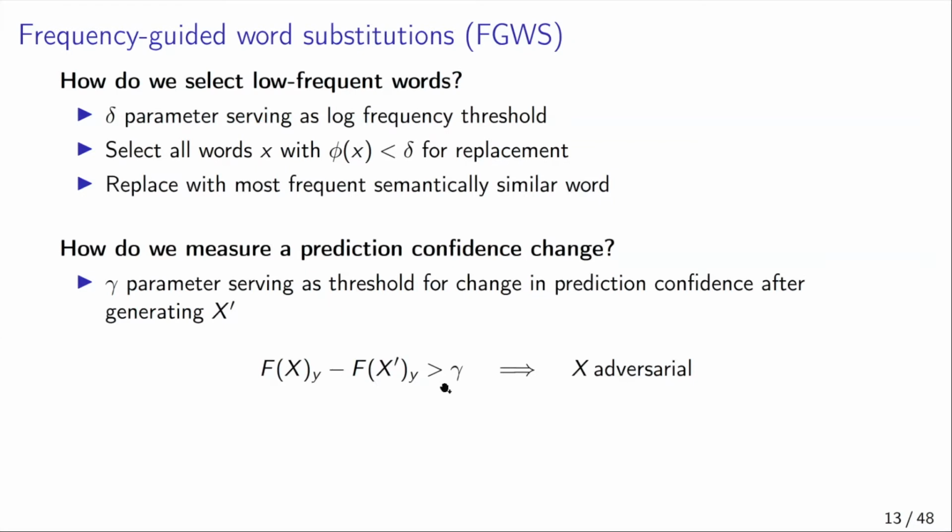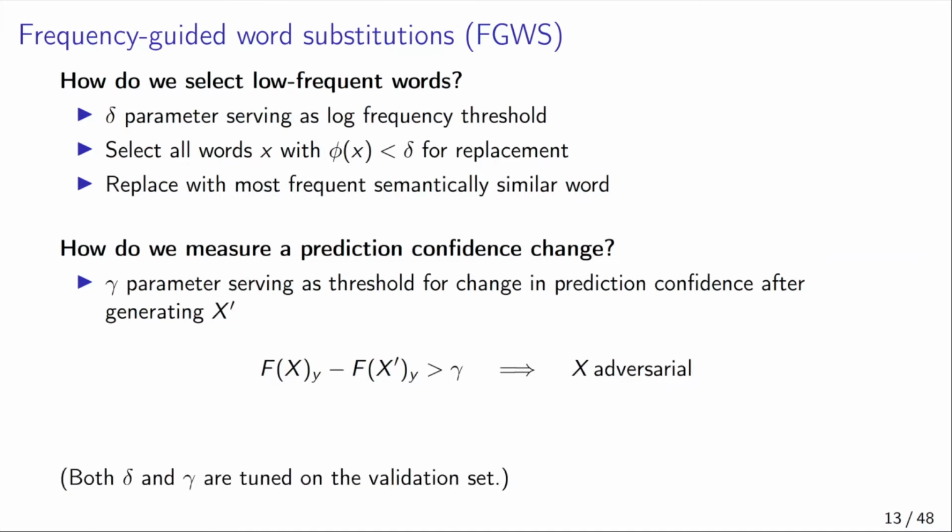If this difference exceeds the threshold gamma, then we can say X might be adversarial, because the prediction confidence on the class that it predicted initially changed drastically, which might be a clue that this sequence has been adversarially perturbed.